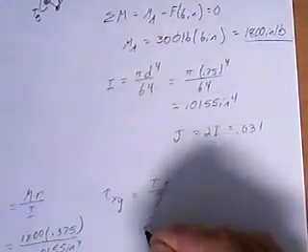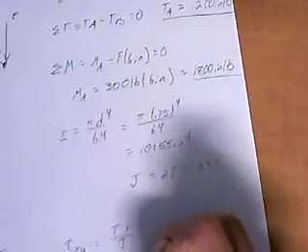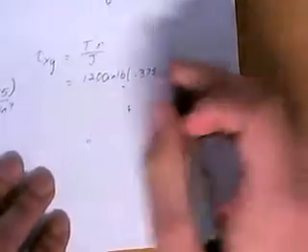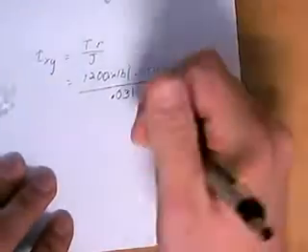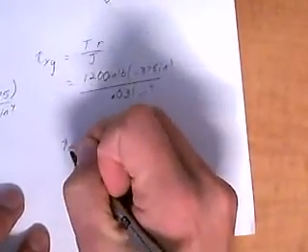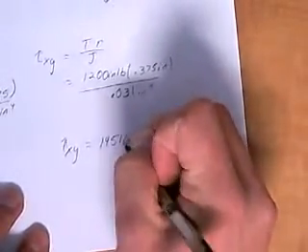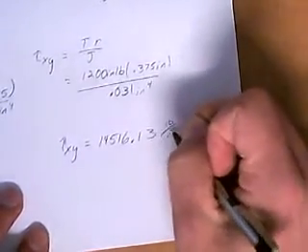And then this one, oh no, sorry, is equal to 1200 inch-pounds times 0.375 inches, all over 0.031 inches to the fourth. You want to do it like that. So we find that tau xy is equal to 516.13 lb per inch squared.